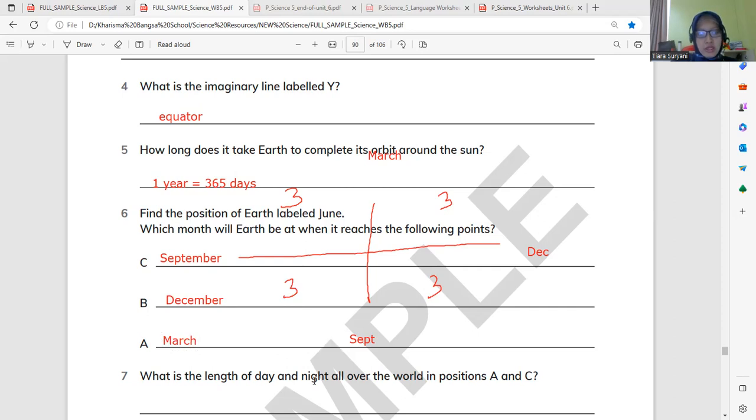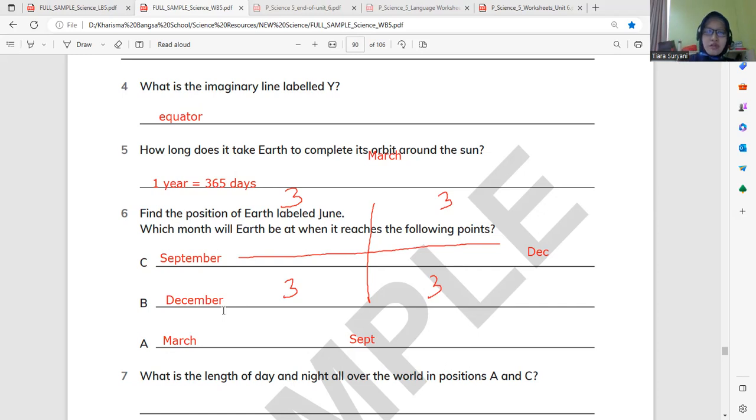What is the length of day and night all over the world in positions A and C? It's stated on the slide, during A and C, or September and March, the axis of the Earth is the same as the line of light. So generally it is equally divided.